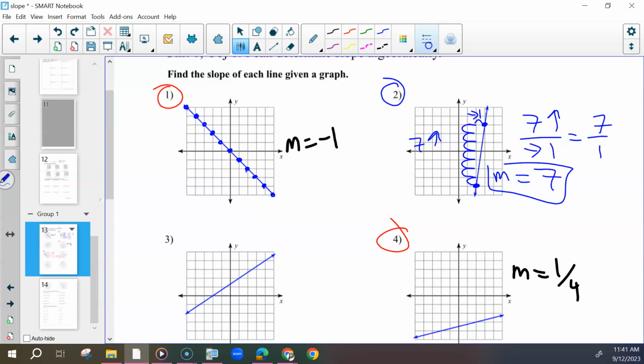Any of those 2 points to find the slope, and then simplify. And here we're going down, and then right, or up, and then left. So we would have gotten a negative. Questions on that one?